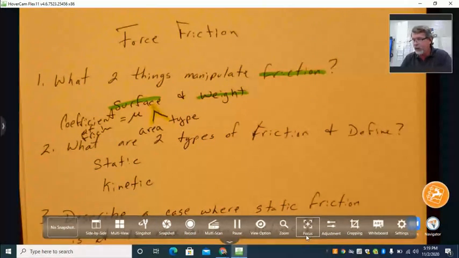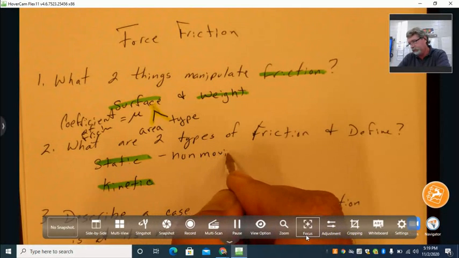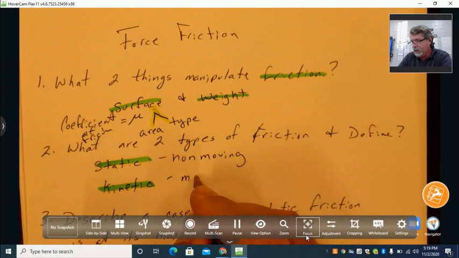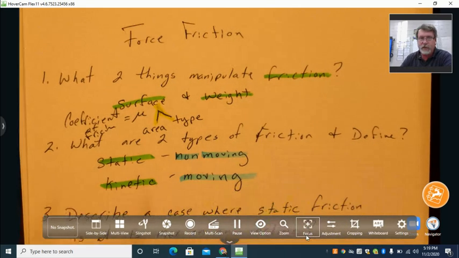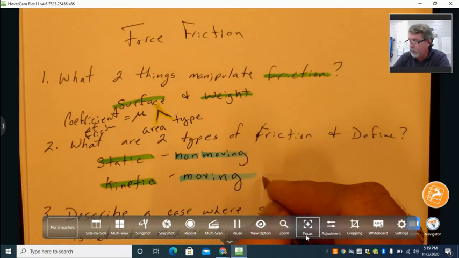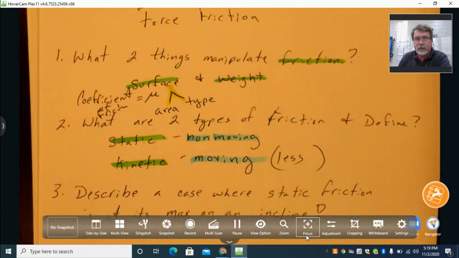If we define those simply, static is non-moving and kinetic is moving. All right, non-moving and moving friction. So kinetic friction is always less.